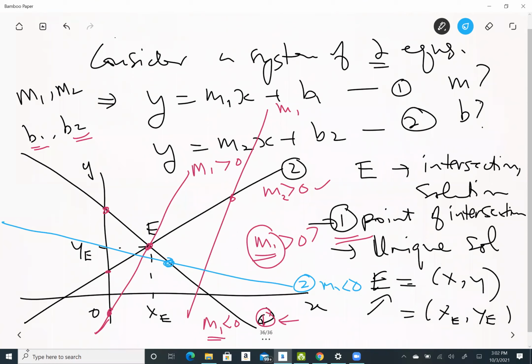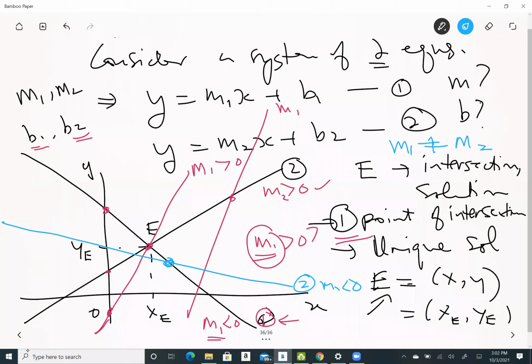Both can be positive, both can be negative, or one can be positive and one can be negative. So the general condition for the unique solution is that M1 must not be equal to M2.